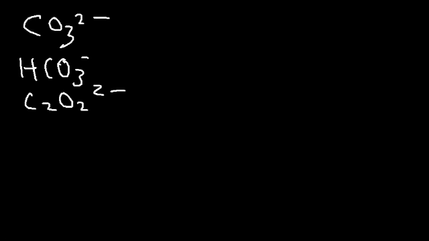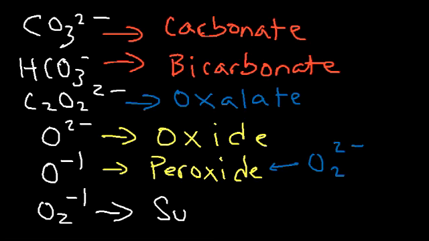And O2 with a -1 charge, this is superoxide. O-1 is really in this form. The two oxygens really should be together. It's just that the oxidation state for each individual oxygen is -1 in peroxide. For oxide, the oxidation state is -2. For superoxide, each oxygen has an oxidation state of -0.5.